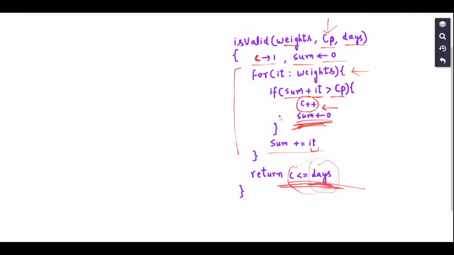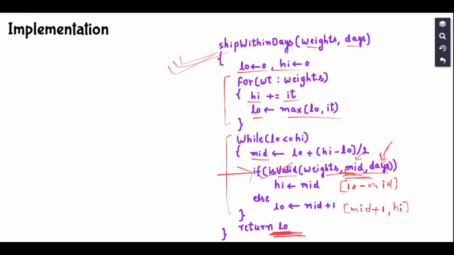And let's discuss the time and space complexity. We can see that this function takes linear time complexity, big O of n, where n is the length of this weights array, because I'm iterating over this array here, while this is binary search and this is taking log of m time complexity, where m basically represents the length of the range, that is high minus low plus 1.